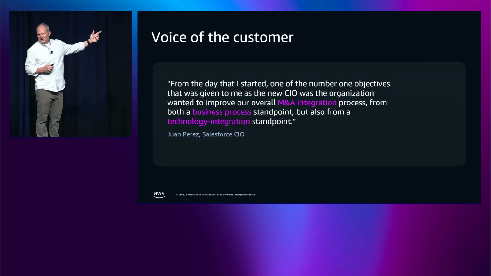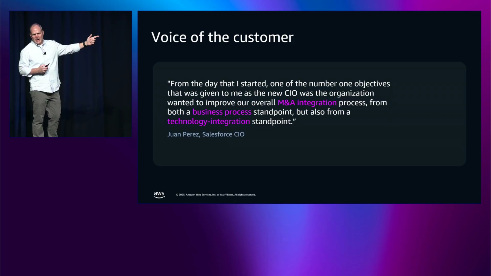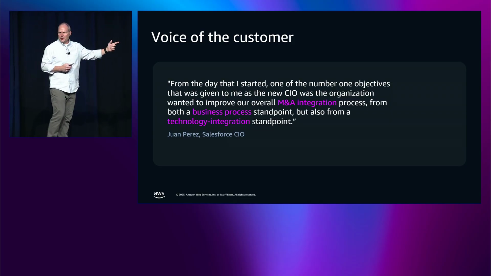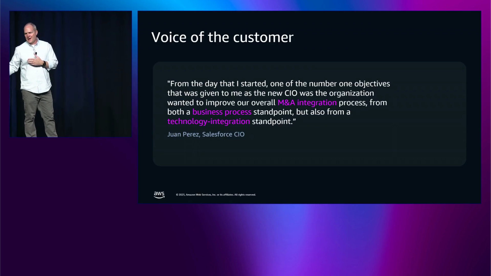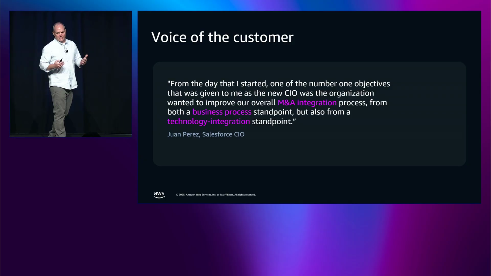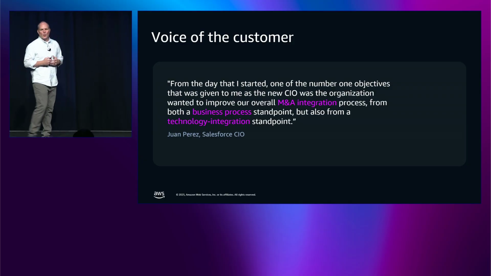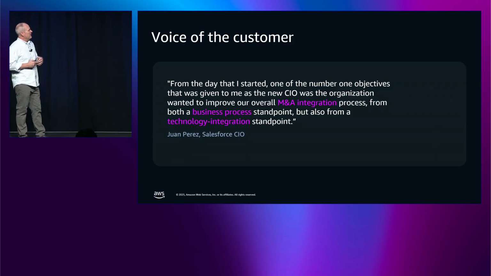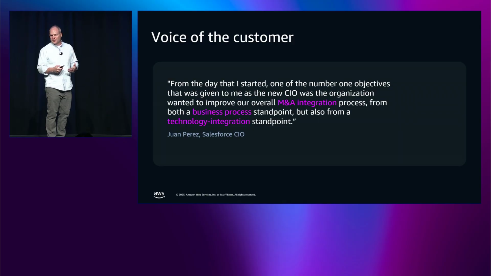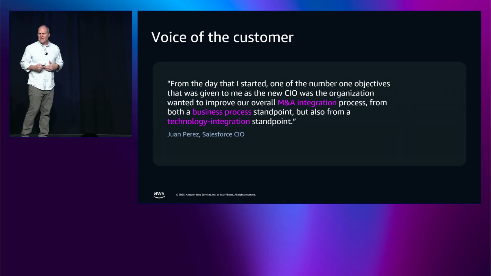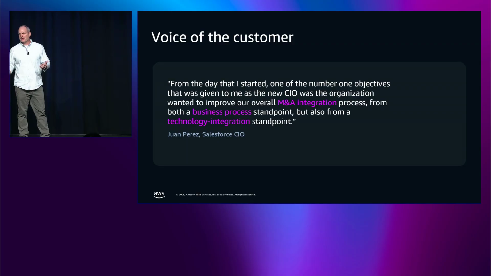There's a lot of business process associated with M&A, things like workload placement strategy, like where do my workloads go? I have certain workloads in an acquisition that are on one cloud service provider. Do I migrate those? Right? Do I repurpose it? Do I replatform it? What do I do with that? And then lastly, we just get into that technology integration, right? Like, do I have specific integration patterns that allow me to bring in an acquisition?